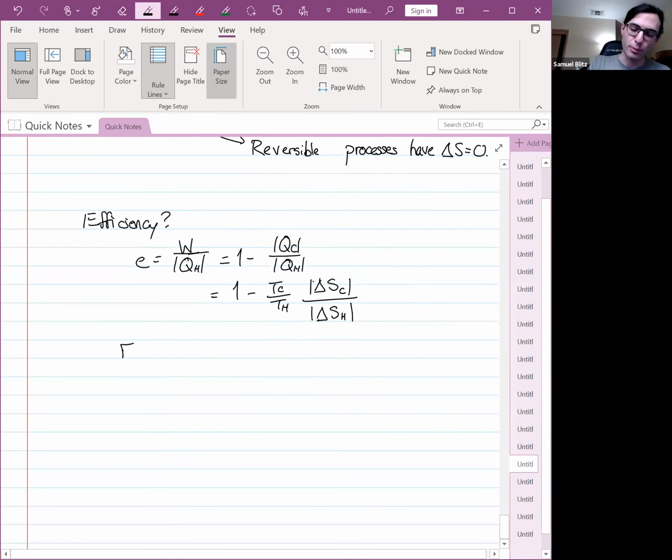Now, for an irreversible process, we know that the total entropy is going to increase. And that means that the change in entropy of the cold reservoir has to be more than the change in entropy of the hot reservoir, i.e. delta Sc should be greater than delta Sh.